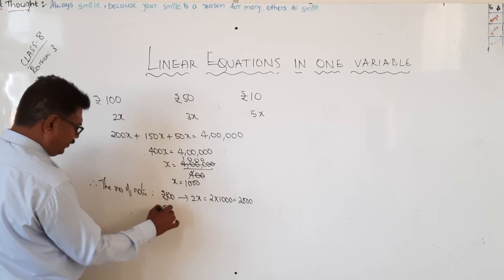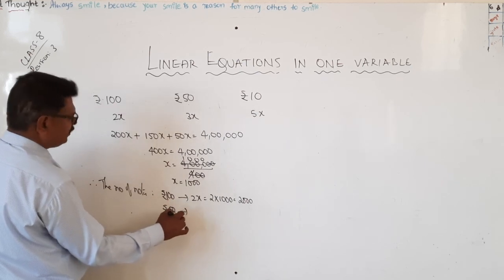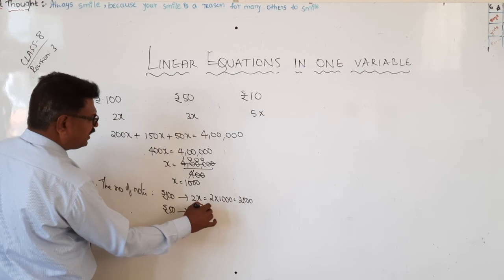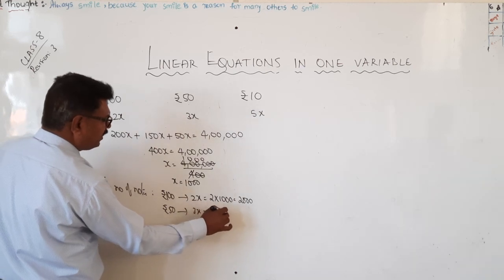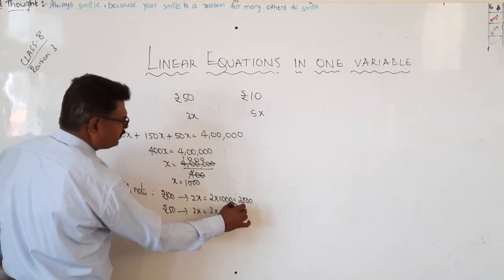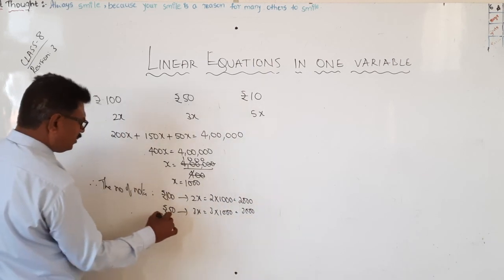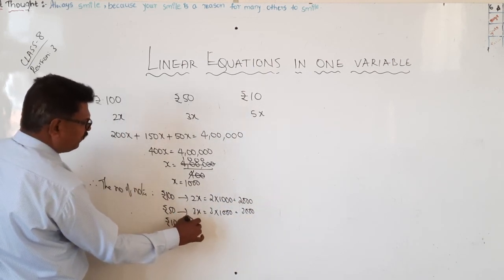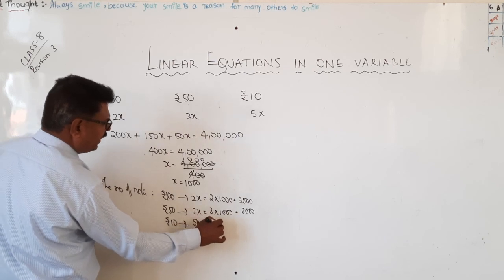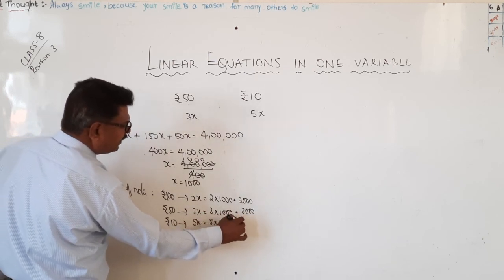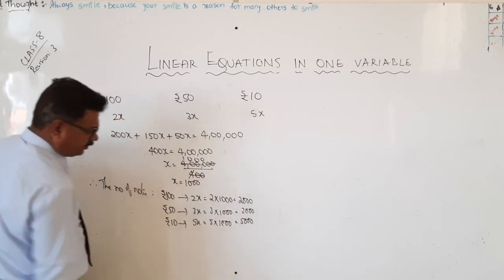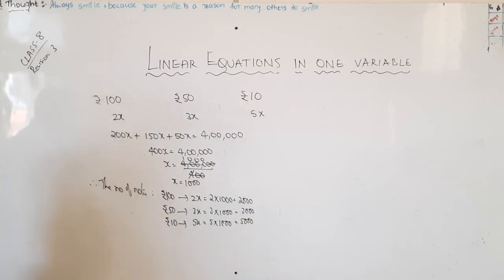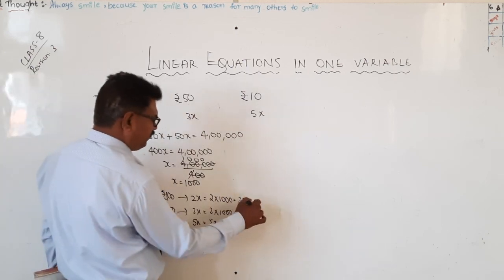Next, rupees 50, 3x, therefore 3 into 1000 is nothing but 3000 notes. Rupees 10, 5x equal to 5 into 1000, 5000. If you want the amount, you can calculate by yourself.